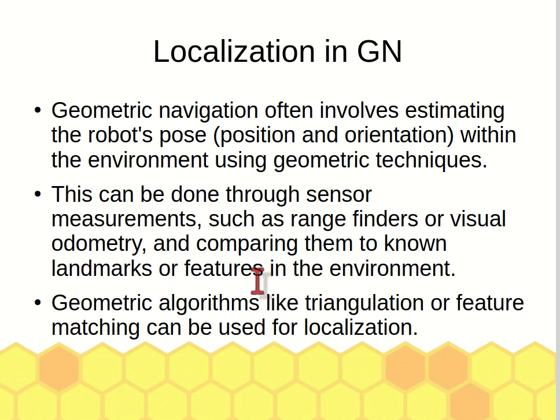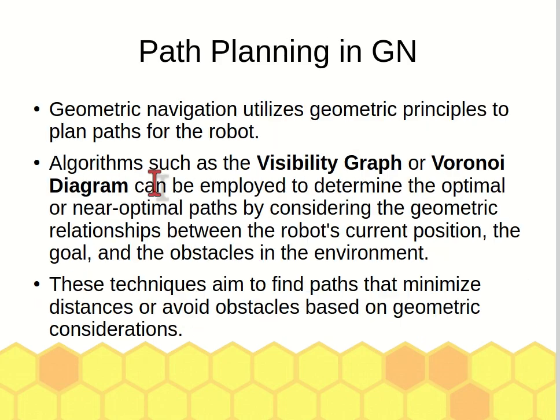Some of the sensors that can be used are rangefinder or odometry. So algorithms like triangulation or feature matching can be used for localization. So this is localization in geometric navigation. How about path planning?